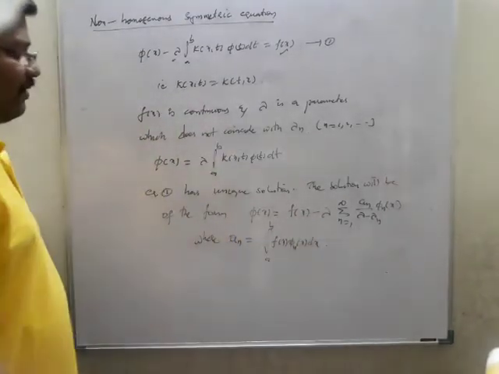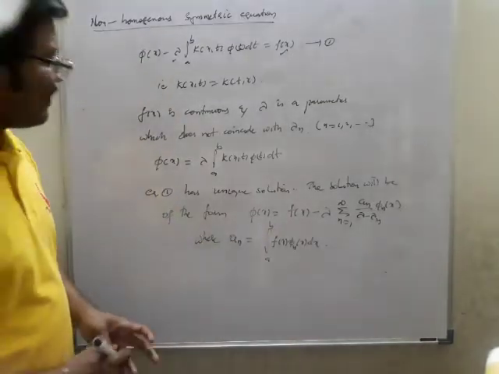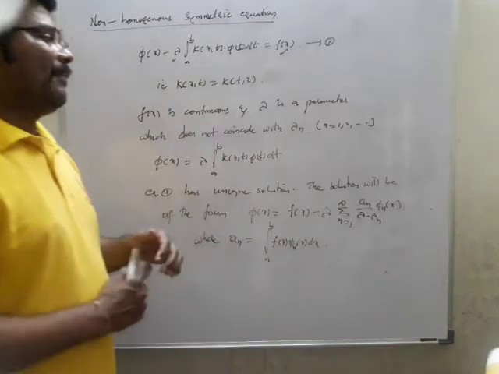Now this is the solution which you are going to have whenever lambda does not coincide with lambda n.